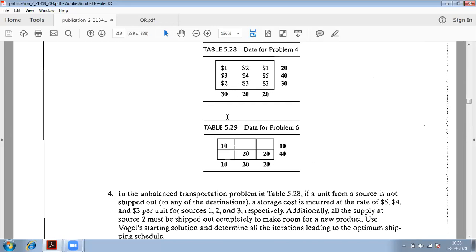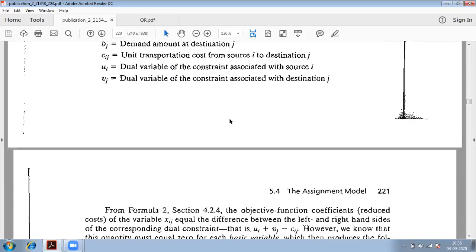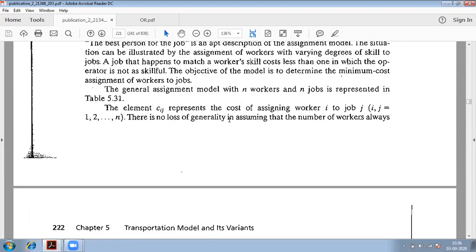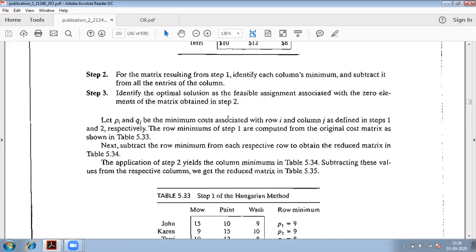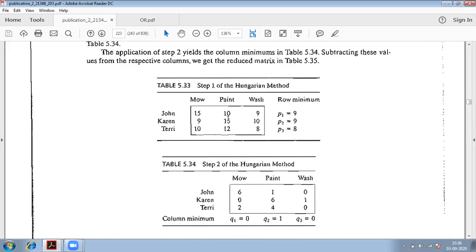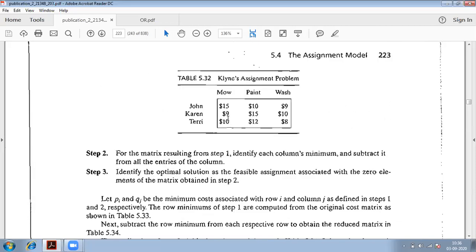In the same way, you can solve all these problems. This is another thing, row minimum, column minimum.